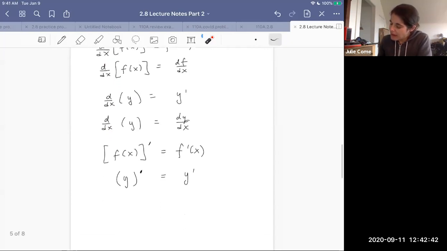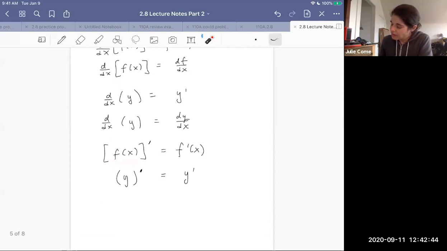If I look at this one right here, this is saying take f of x, and this prime way out here is basically saying take the derivative of the thing in here. So this says f of x prime. Well, what do I get if I take the derivative of f of x? I get f prime of x. What is y prime?